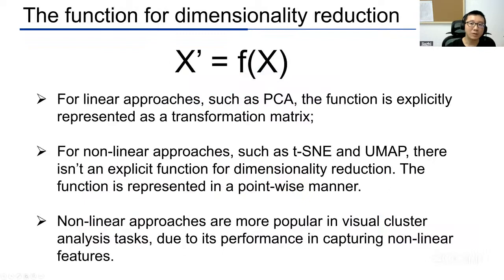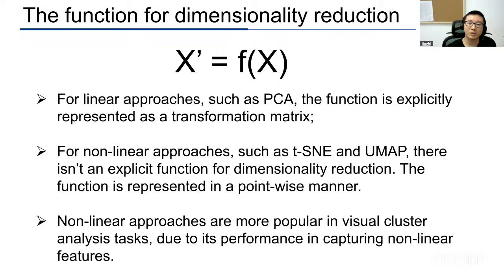Formally, dimensionality reduction is to find a proper function that maps the high-dimensional data into low-dimensional space. For linear approaches, such as PCA, the function is explicitly represented as a transformation matrix.